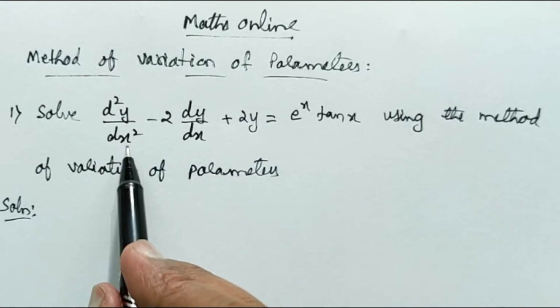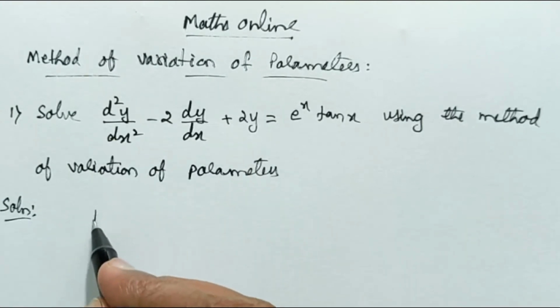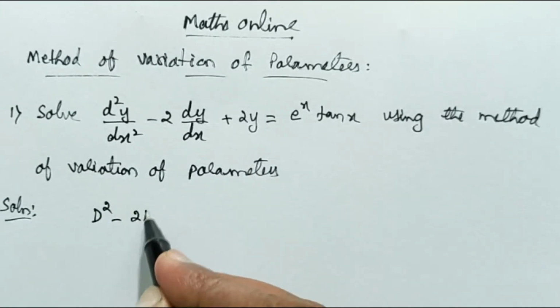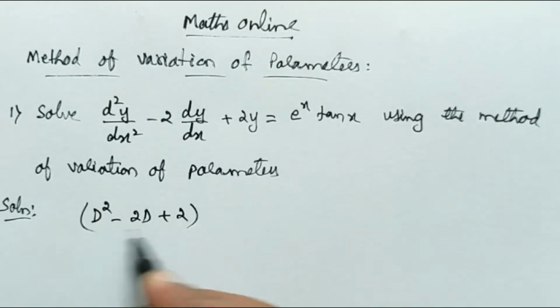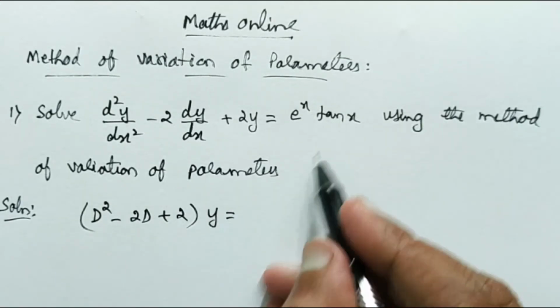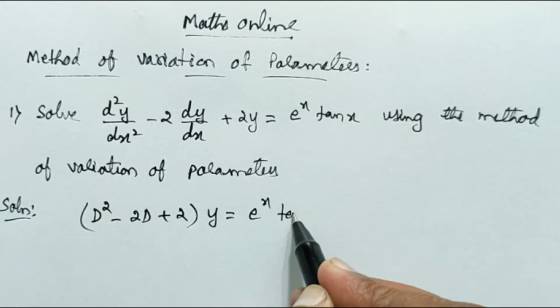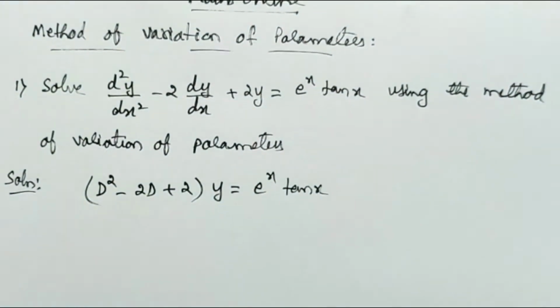Let us first write it in the form of the operator. This will be (d square minus 2d plus 2) y is equal to e power of x into tan of x.